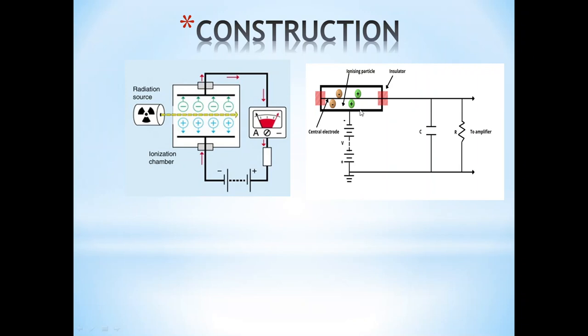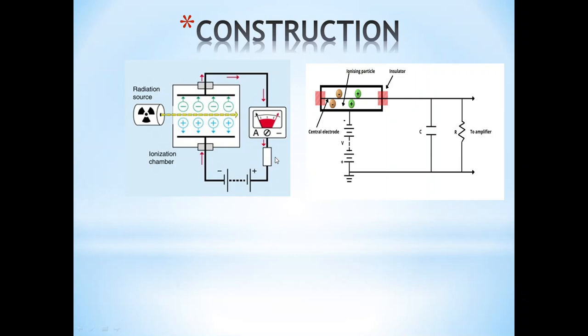In the first case, it's a continuous current type. Current flows continuously, and that is the signal produced. In the second, with the capacitor, it's a pulse type. A current pulse is produced. Depending on the purpose, either of these two types of ionization chambers can be used.